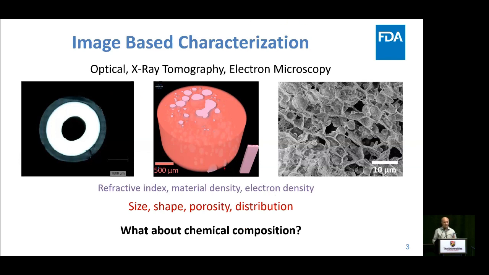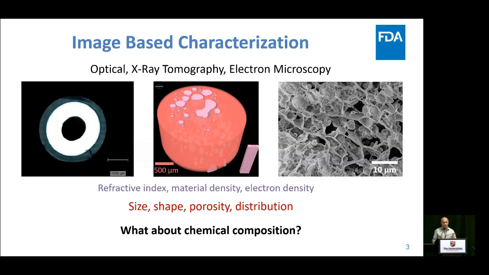Not very different for electron microscopy, even though there are different types of electrons that can be generated when a beam interacts with a specimen. But at the end of the day, it's the electron density or the atomic number that determines the contrast that's generated. So the image here is actually from a sunscreen topical formulation that has multiple UV filters dispersed in a polymer matrix, and we can't really generate contrast.